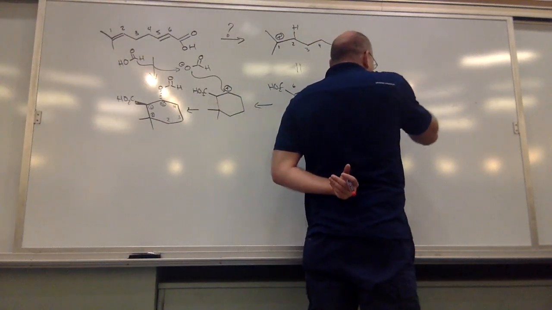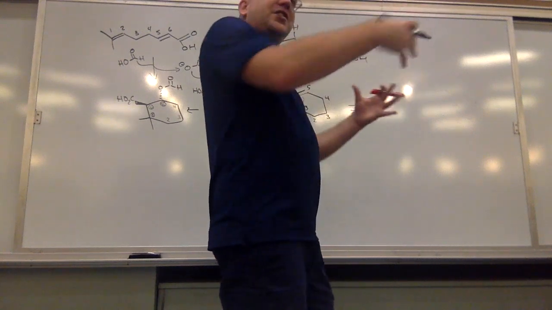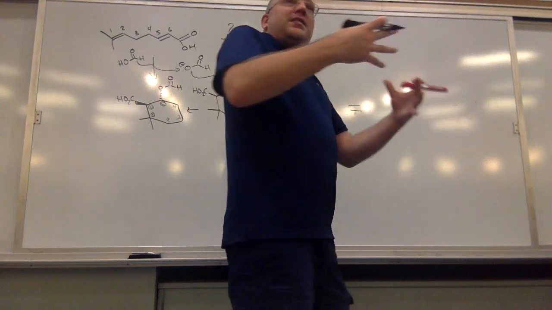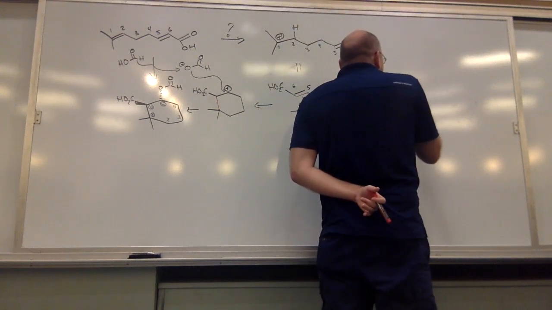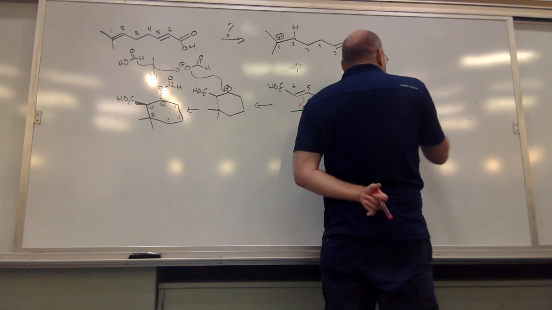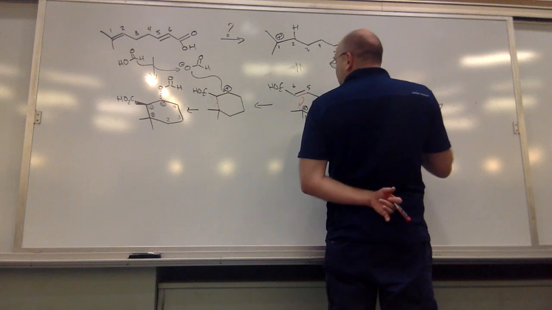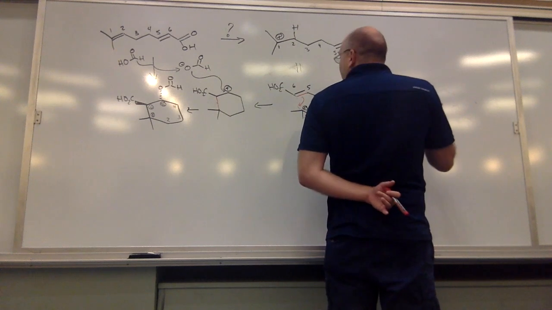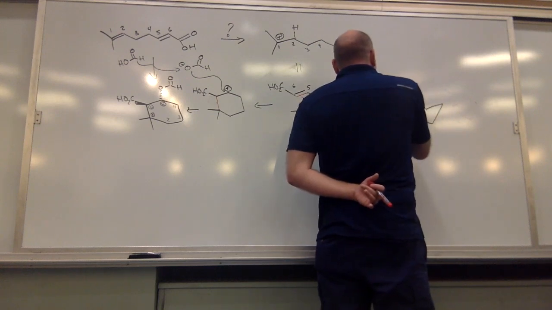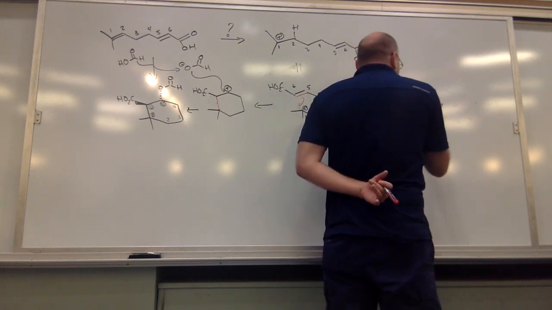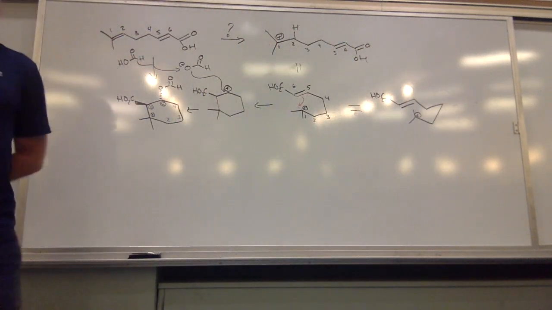But in general, when you see these 6-membered, in this case, cyclization, then it may be possible that that transition state can be invoked by chairs. If we think about what this chair would look like, we're going to have a carbocation that's going to look something like this.